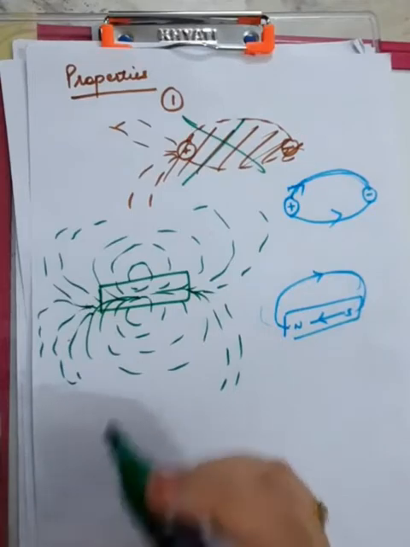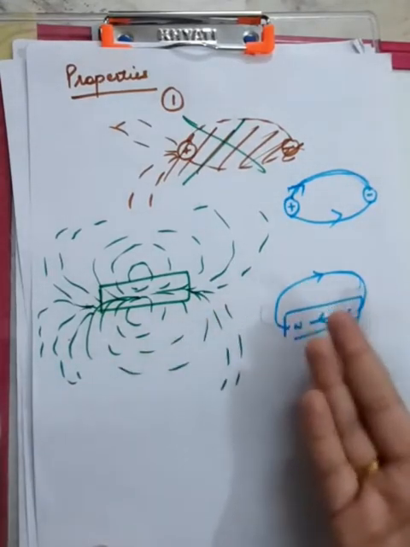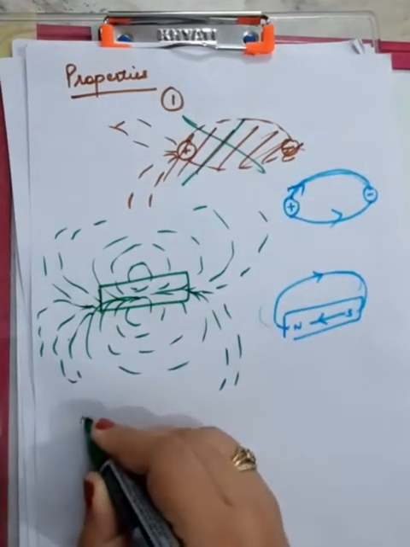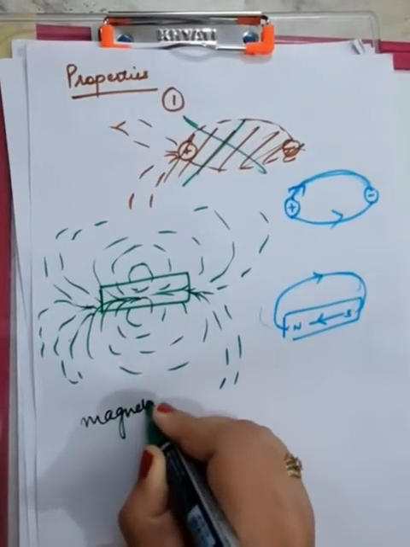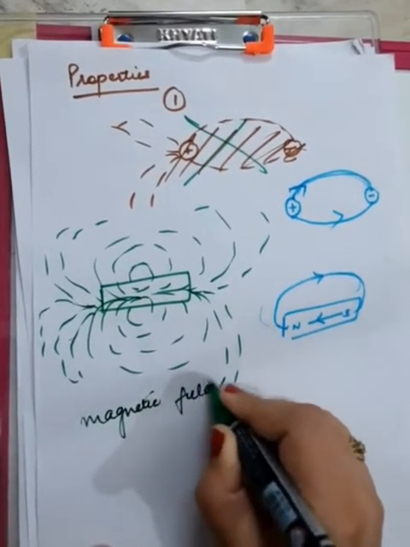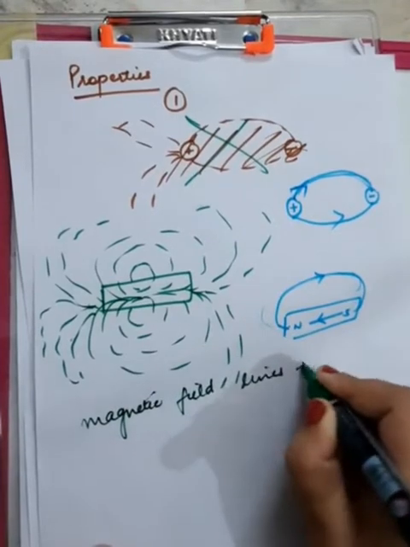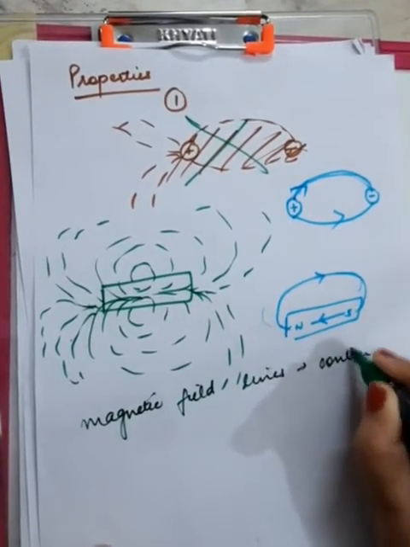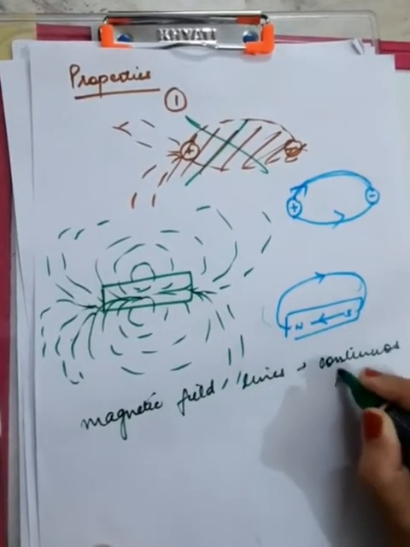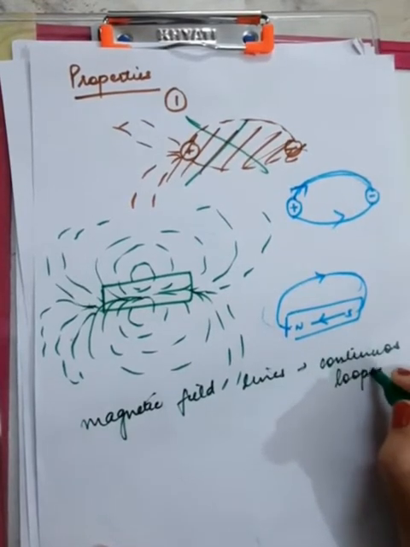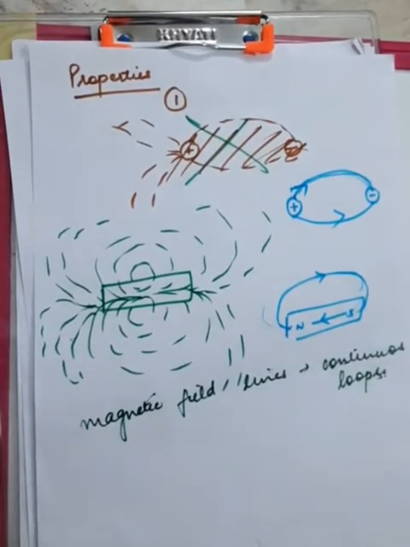So property number one is, I have already told you that magnetic field lines form continuous loops, right? Unlike an electric dipole, which does not form any continuous loop.